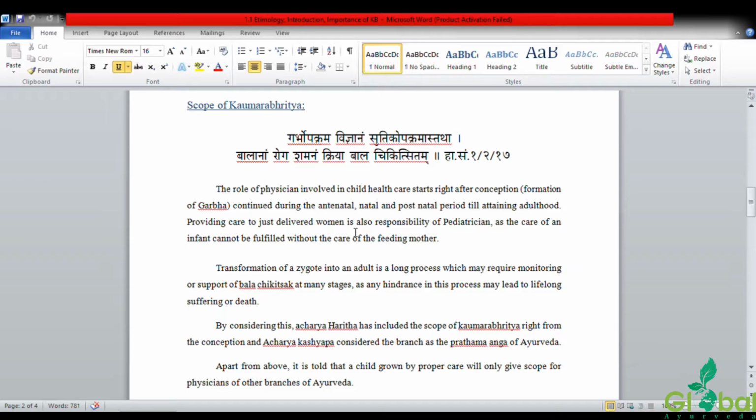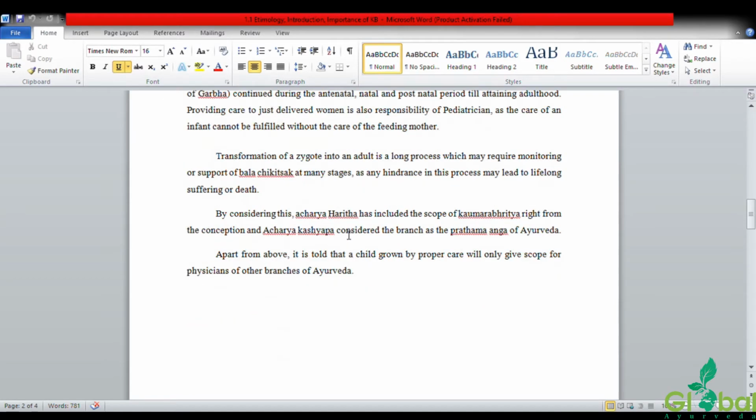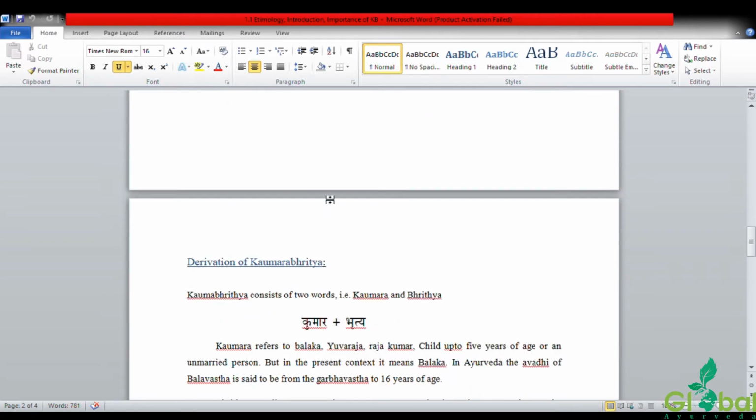If the balavastha is not maintained, there may be lifelong suffering or death, so that the child may not go into different stages of life. Then the different branches we are studying in Ayurveda may not be fruitful. That is why studying Kaumarbhritya is very important.